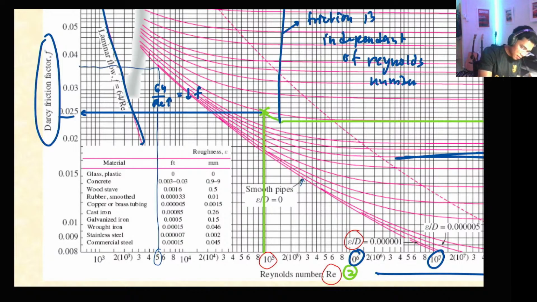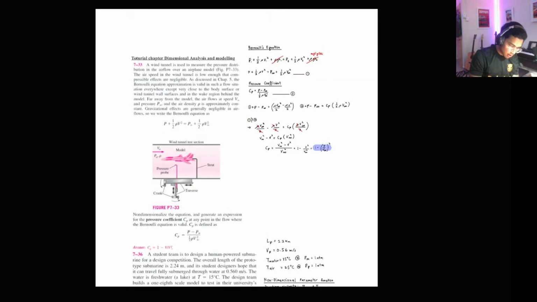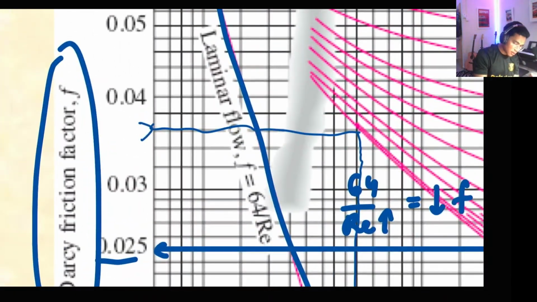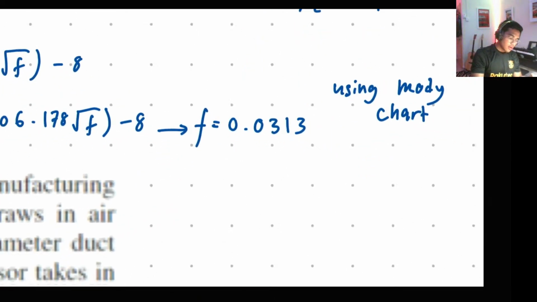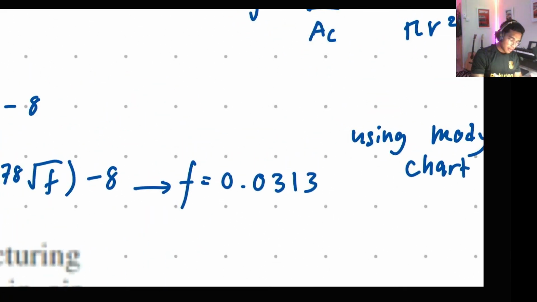Somewhere over here. So what do we get? It looks like 0.03, so supposedly 0.03 something. Okay, satisfying to get this answer.